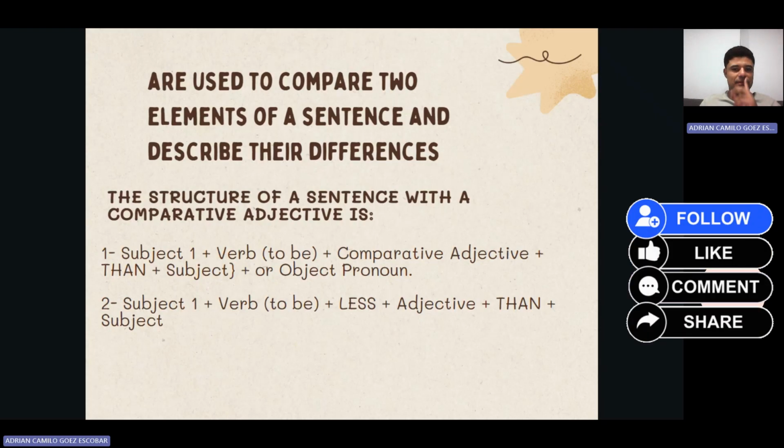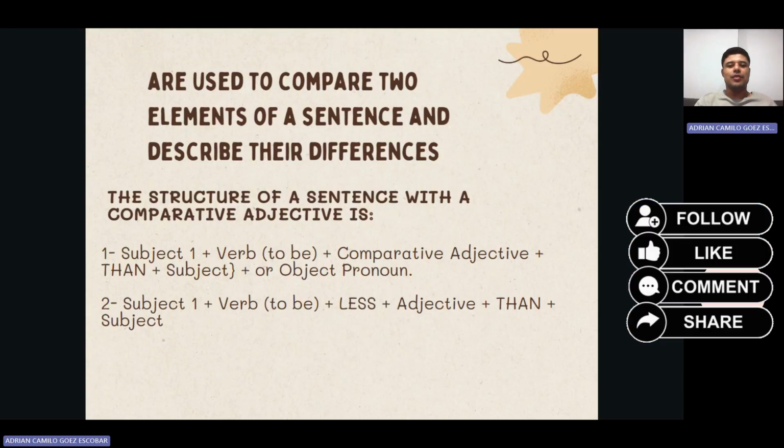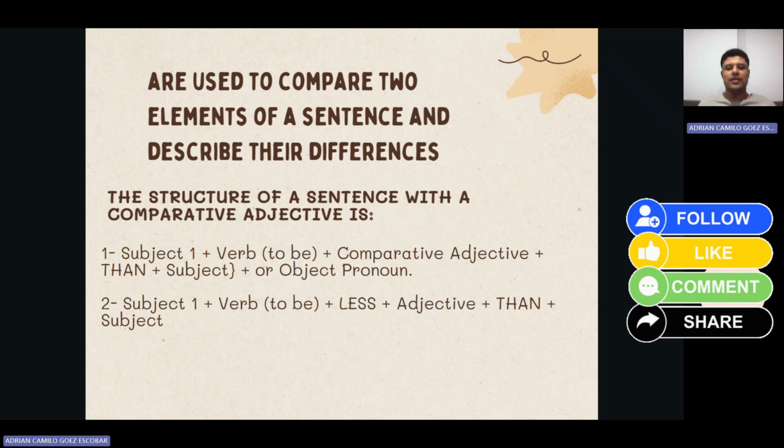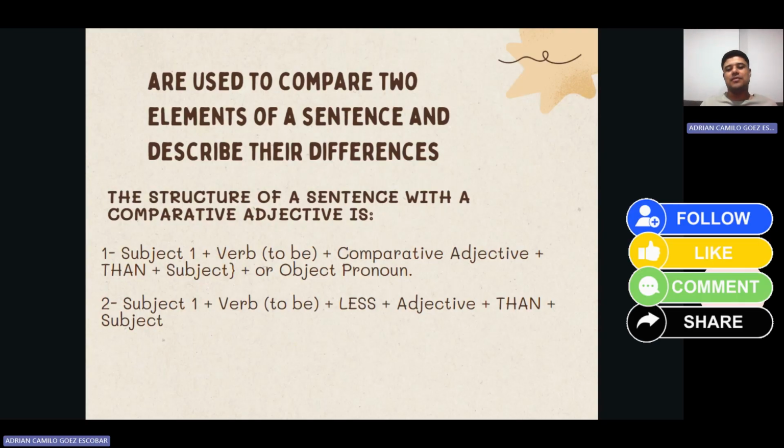Regarding the inferiority structure, "less than", it is used to state that subject one possesses a quality to a lesser degree than subject two. This structure is simpler and more uniform than the superiority structure because the adjective is not modified.